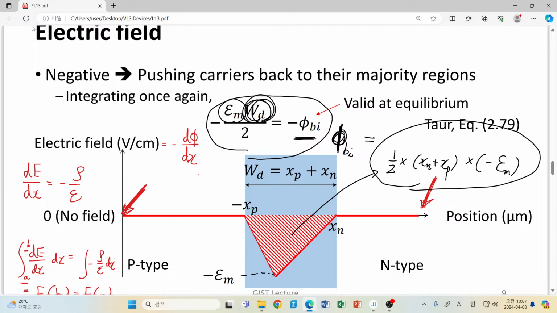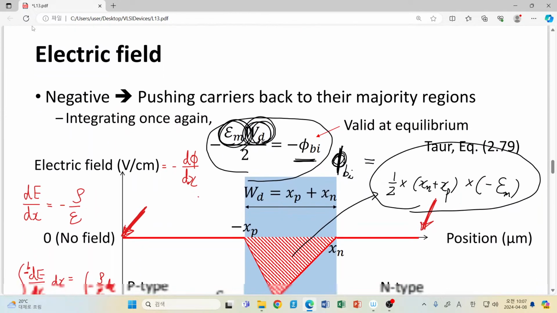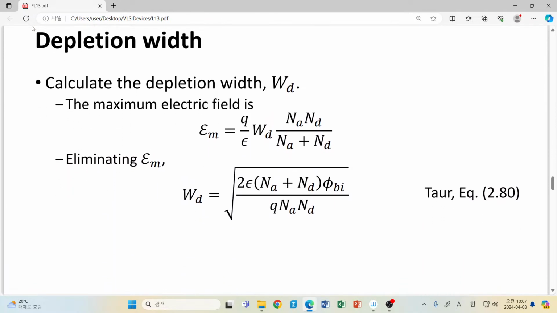However, here we also have the maximum electric field, so we have to find a certain relation between the maximum electric field and the depletion width, and that is shown here. You can easily check it. So the maximum electric field can be written in terms of WD. Therefore, by introducing this relation, you can obtain the depletion width in terms of your built-in potential and doping densities.